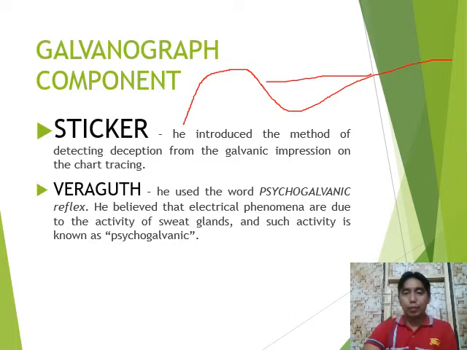So Biragot studied how our sweat glands work, and sweat glands is part of our skin that produces sweat, and that is also what is being recorded by the galvanograph component. Biragot discovered that. So the activity in our skin is caused by the sweat glands introduced to us by Biragot.